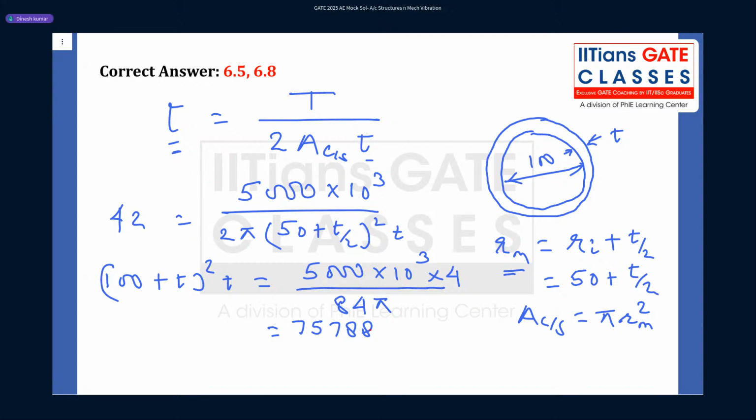Everyone, is it clear? Now guys, you can see this side. It is not a square term. If you expand it, it will be a cubic term, and you cannot solve this in your virtual calculator, right? You can't solve it.